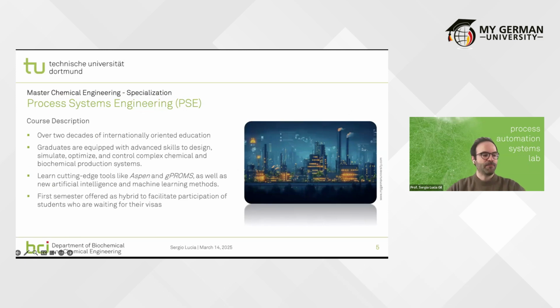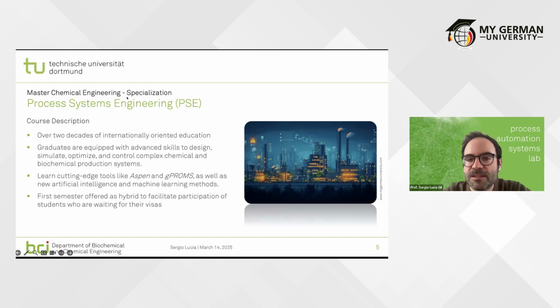But we are here to talk about the study direction, and in particular process systems engineering. So, what is this program? Fortunately, this program already has a long history, almost 20 years of this kind of internationally oriented education in our Department of Chemical Engineering.